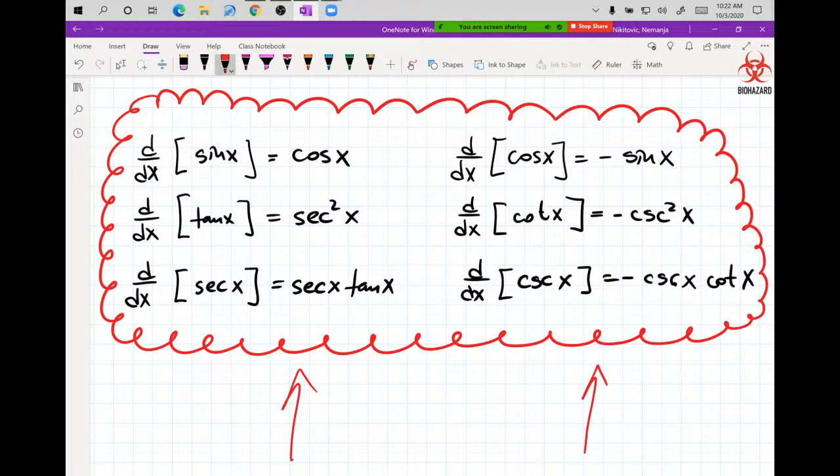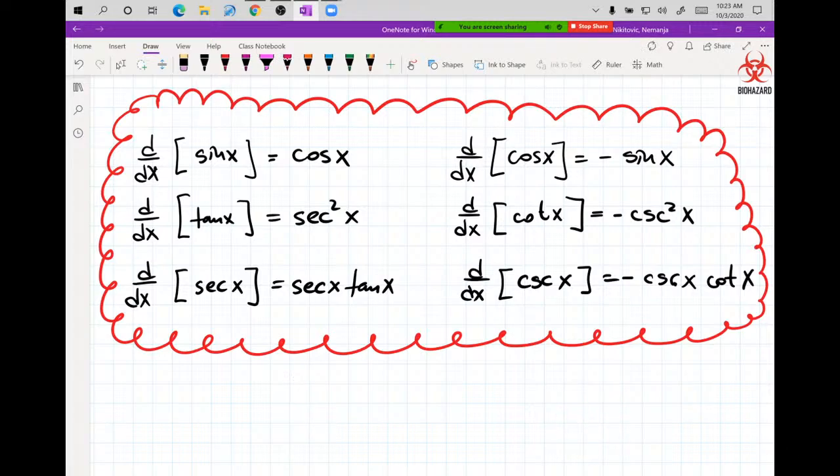All of the cosine, cotangent, cosecant, so all of the co functions are negative. And we see the same form: sine, cosine, cosine, sine, tangent, secant squared, cotangent, cosecant squared. Cotangent, therefore negative. Secant, same form as cosecant, but the cosecant, with the co, is negative again.